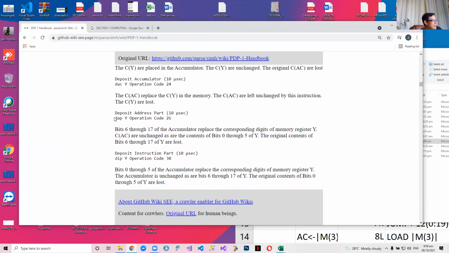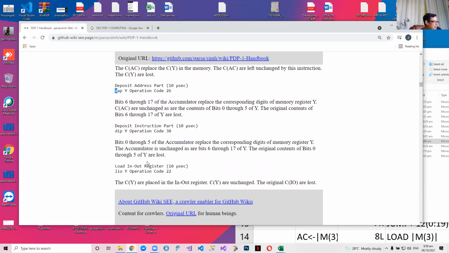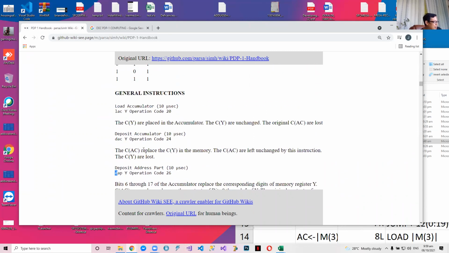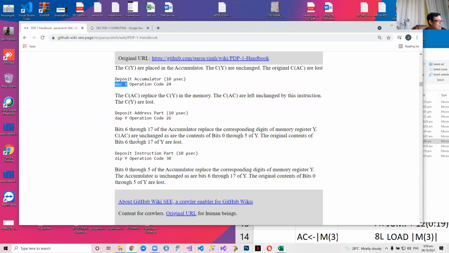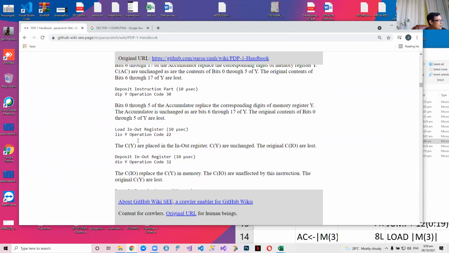Now in the IAS we say store M of y. In the PDP-1 it has a deposit accumulator, DAC y. We say store M of y; this is the equivalent of store. All the rest are the same.